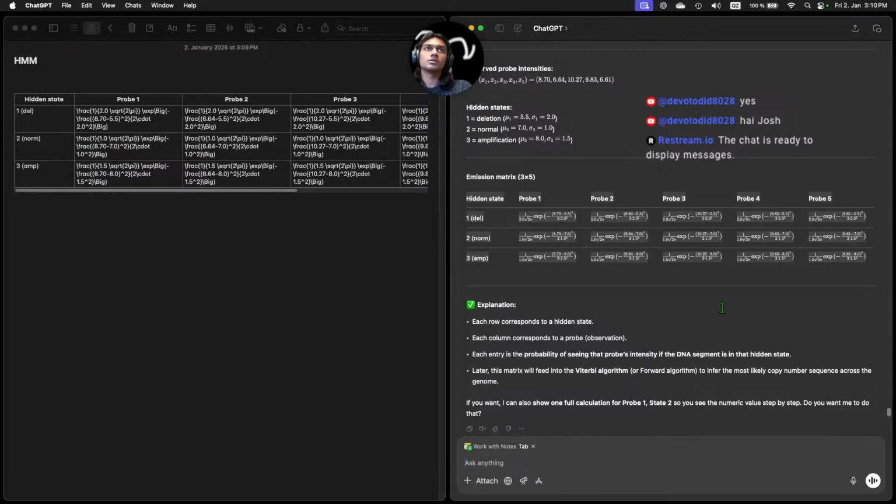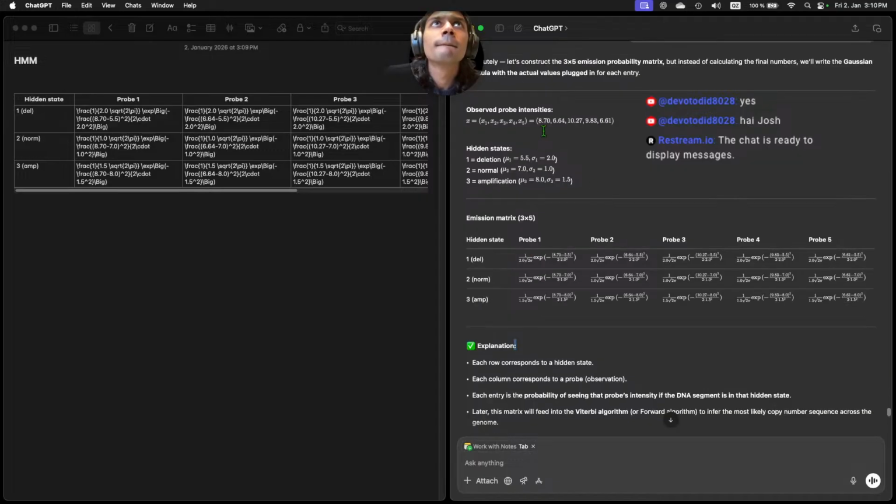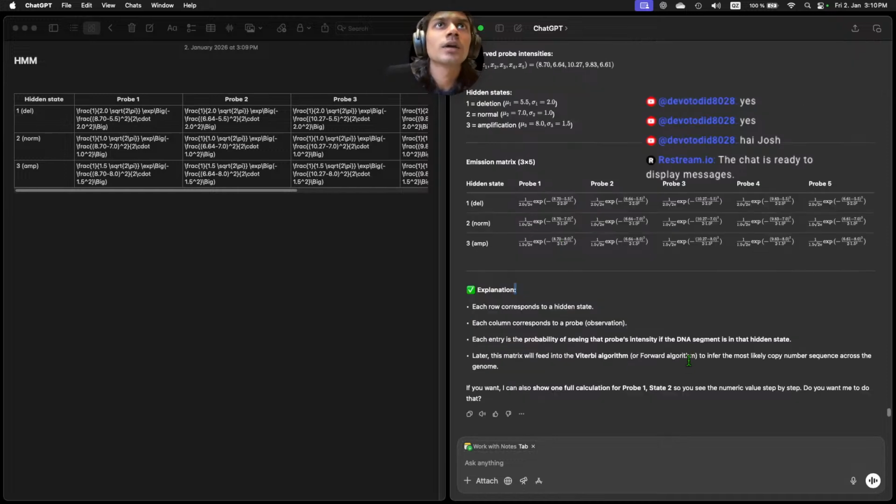Not even readable. So okay, probe 1, probe 2. Okay.